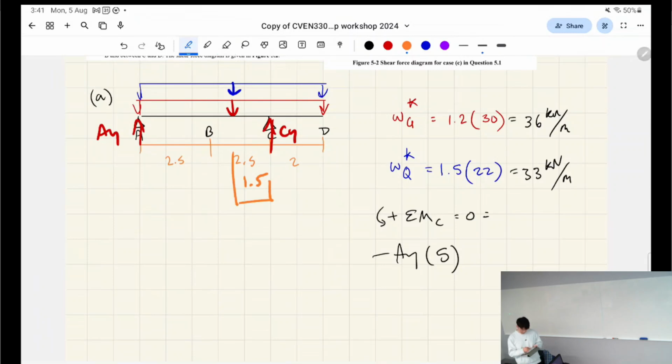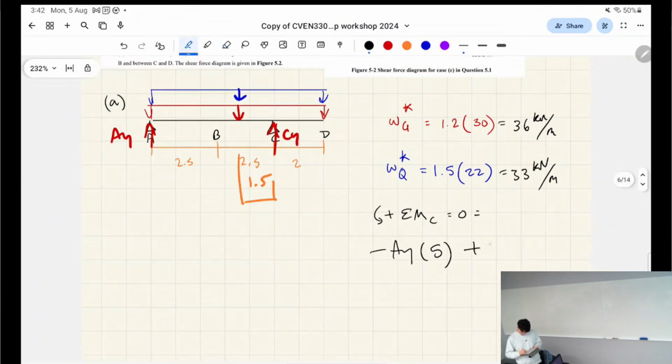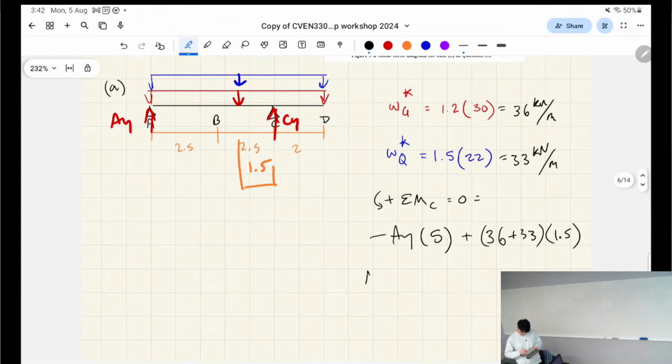So use a bit of geometry there. This causes a clockwise spin. 36 plus 33, because these loads are currently overlapping in the same spot, and it's 1.5 meters away. We solve that for AY, and we get AY is 144.9 kilonewtons, okay?